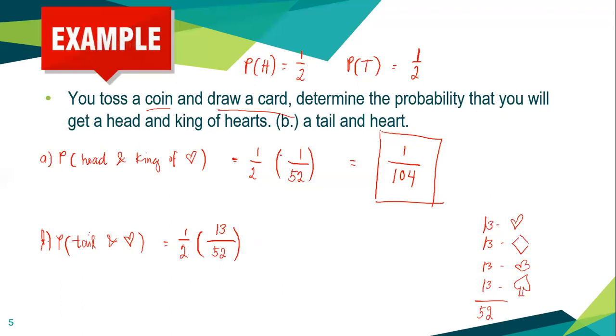Then again, kapareho lang ng ginawa natin kay letter A, we are just going to multiply 1/2 by 13/52. And that is equal to 1/8. Okay? If you have your calculator with you, pwede niyo akong sabayan pag-compute. So this is 1/8 and this is your answer for letter B. Okay? So tatandaan to, magagamit niyo to.